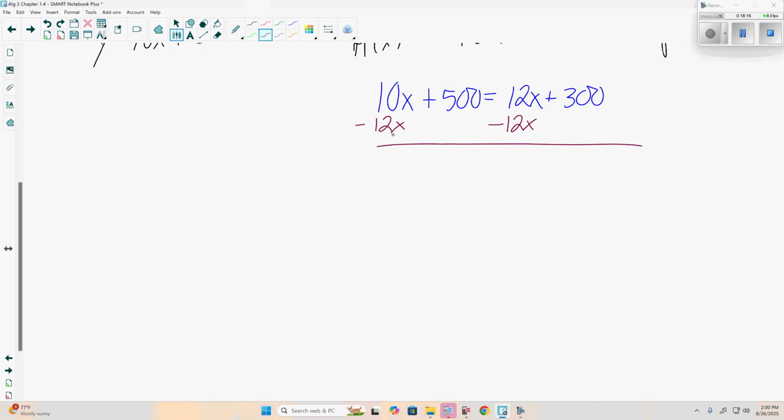Because subtracting 12x from both sides, on the right-hand side, the 12x minus 12x would be 0, leaving us with 300. On the left-hand side, 10x minus 12x is going to be negative 2x, because 10 minus 12 is going to be negative 2. But we still have the plus 500.